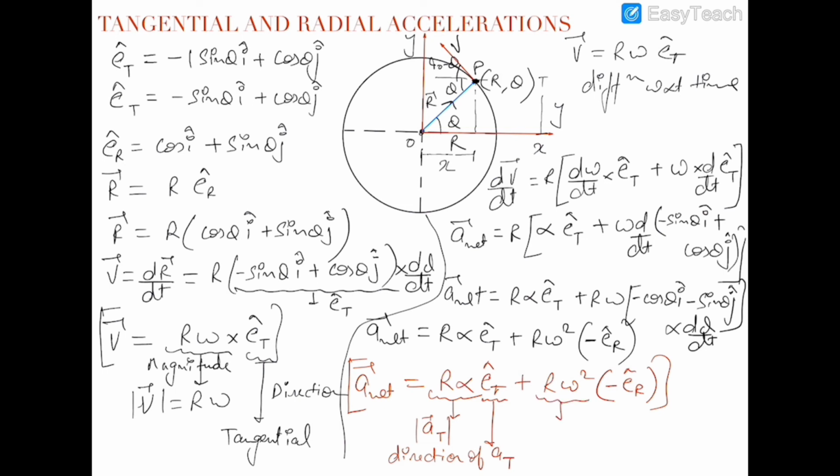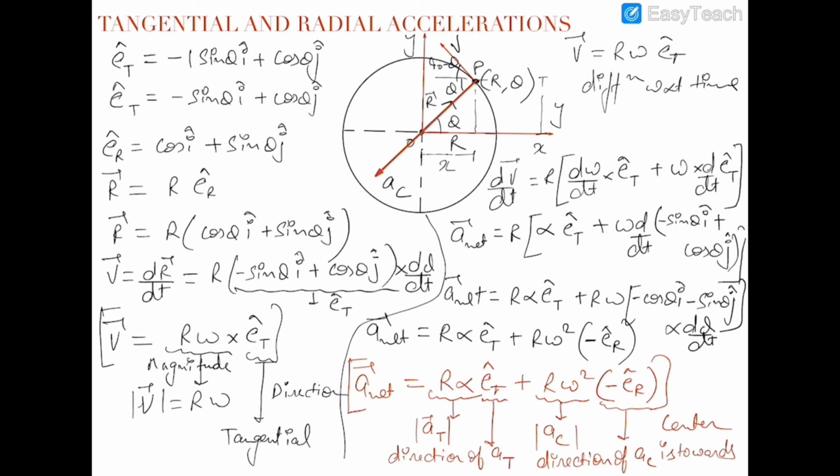Now this is the magnitude of centripetal acceleration, and we are calling it centripetal acceleration because its direction, of a C, is towards the center of the circle. So this is a C, which is always towards the center of the circle.